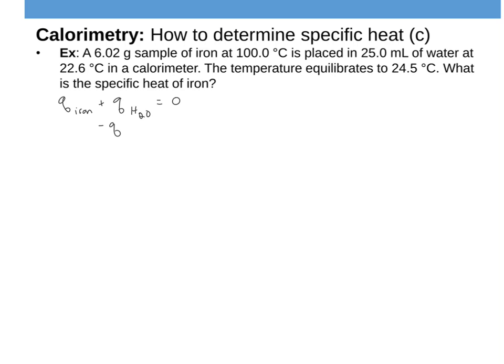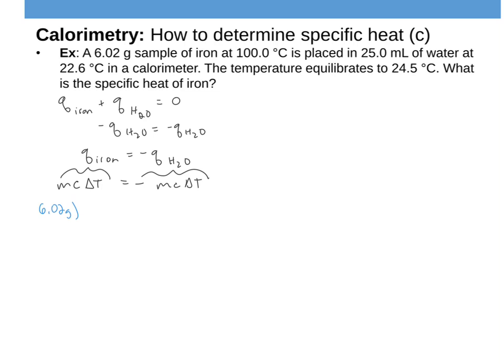And I'm just going to go ahead and subtract my Q on either side so that I have an equation to work with here, right? Q of my iron equals the negative Q of my water. Again, both of these things are changing temperatures. So I know that I'm just going to have my MC delta T for my iron is going to equal the negative MC delta T, but for the water. And then I just start plugging in my values. I know my iron is 6.02 grams.